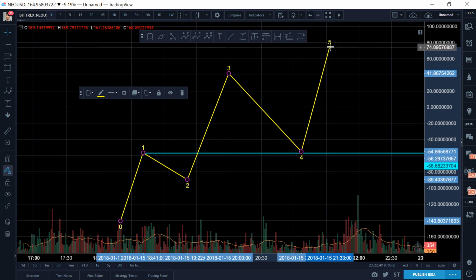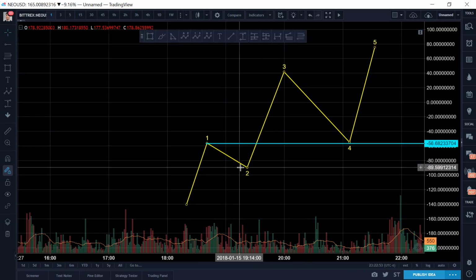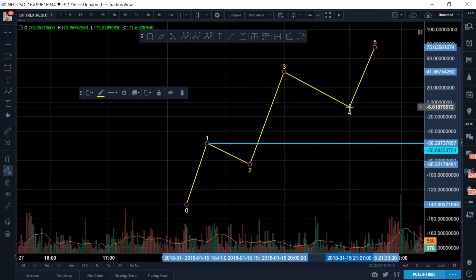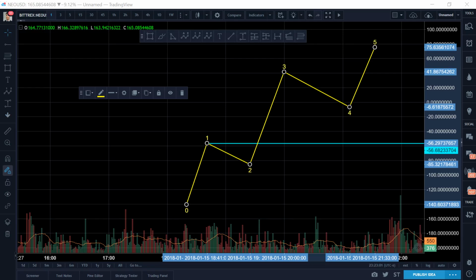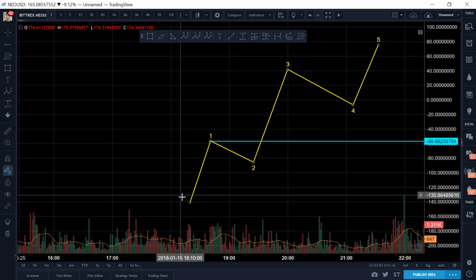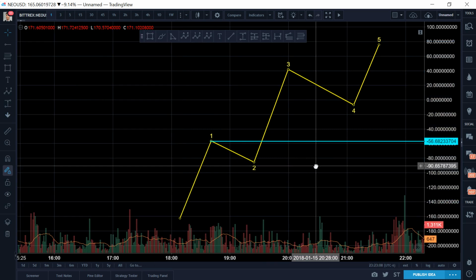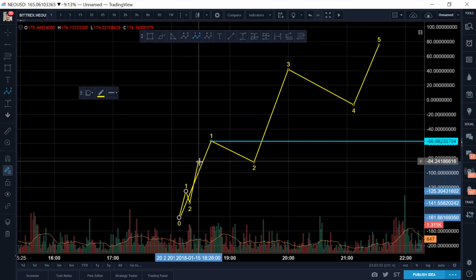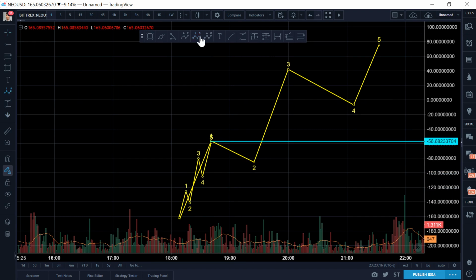And then wave 5 goes like this. There are a lot of other rules as well. Waves 2 and 4 are corrective patterns, whereas waves 1, 3, and 5 are motive waves up. It's also important to understand that within these impulse moves up, there can also be 5 waves up like that in there.